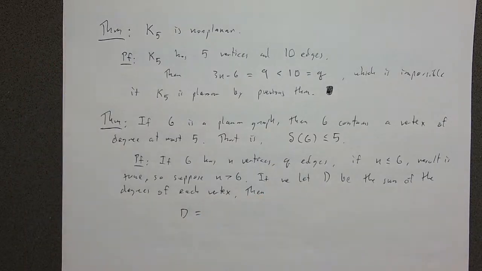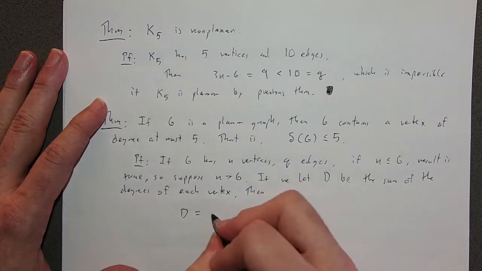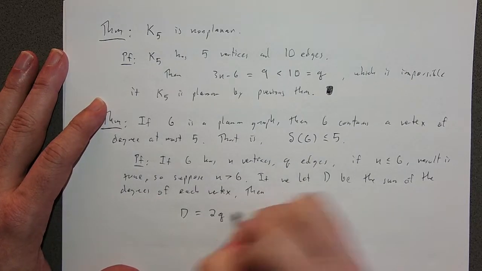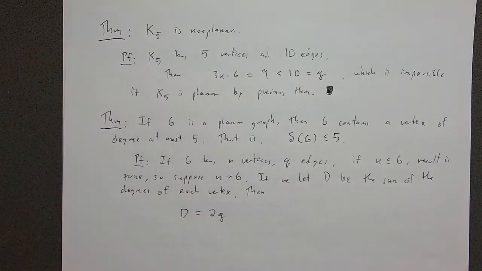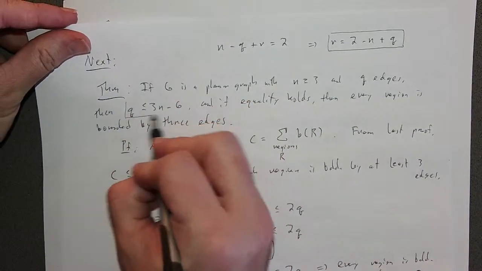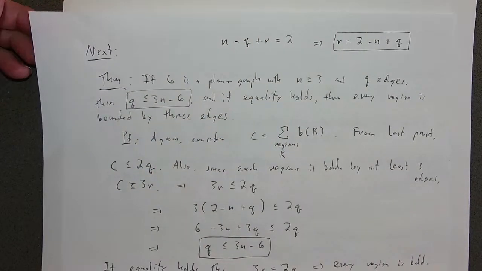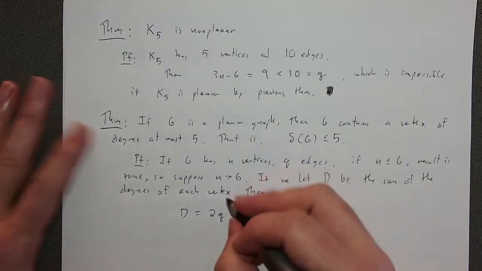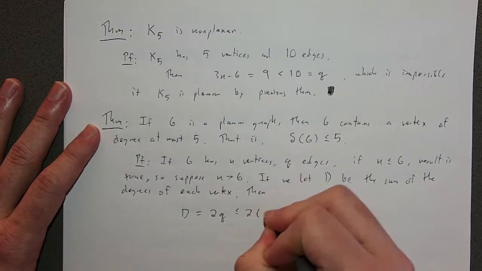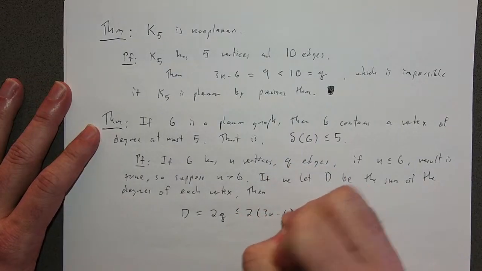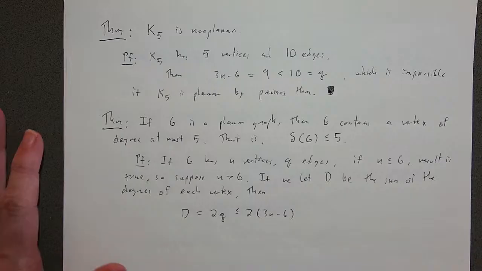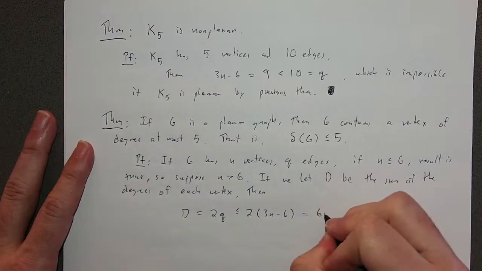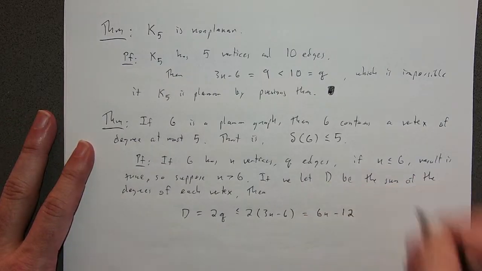Day one of classes, that the sum over all of the degrees of vertices is equal to 2 times the number of edges. But q, by this previous theorem, has to be less than or equal to 3n minus 6. So this is less than or equal to 2 times 3n minus 6, which is itself 6n minus 12.